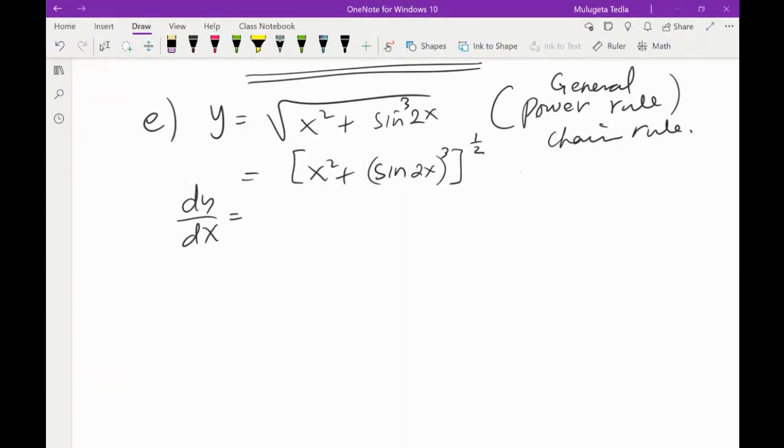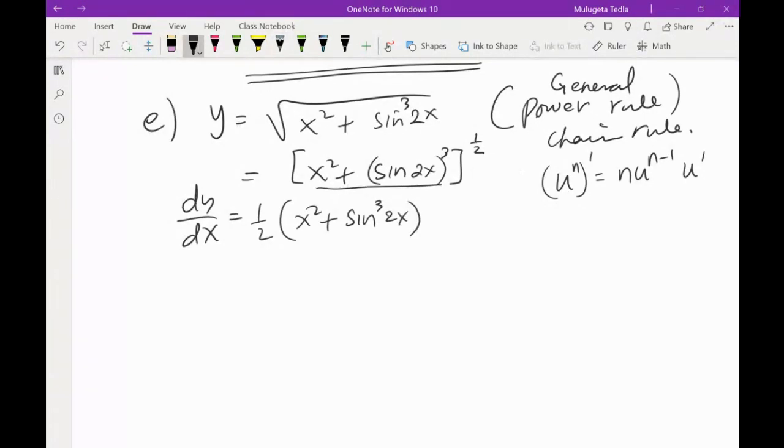Before you find the derivative, we use this power rule, n u to the n minus 1 times u prime. That's what we did. So bring the n up front, write the whole thing as a base. The base is this, the inside one.